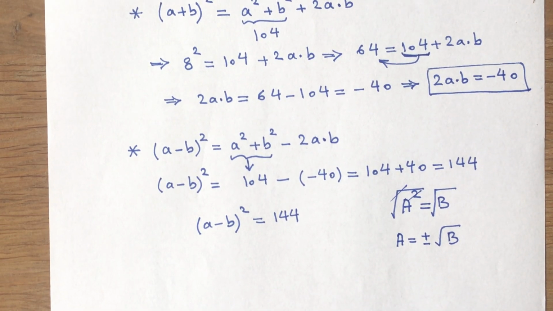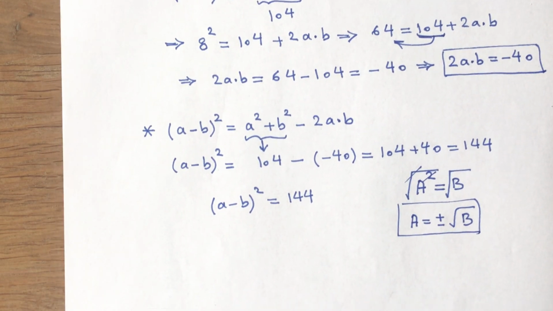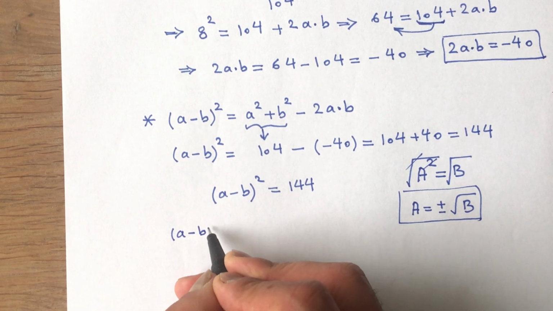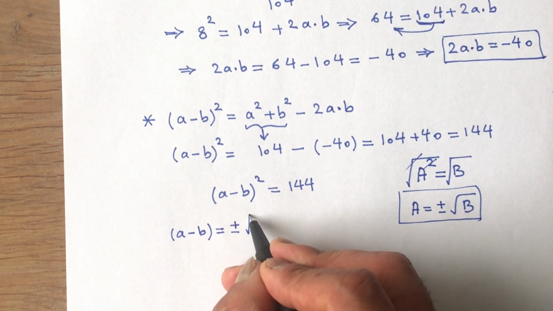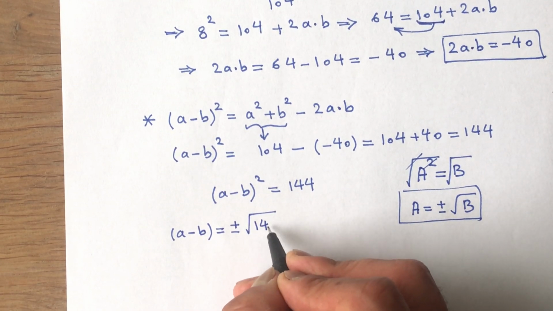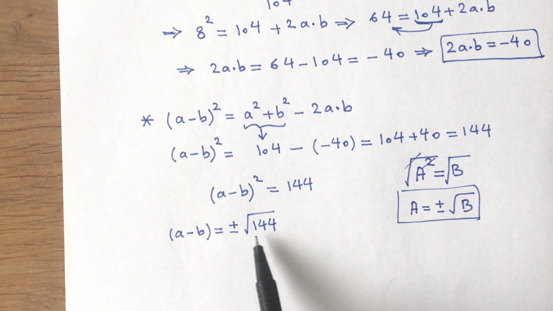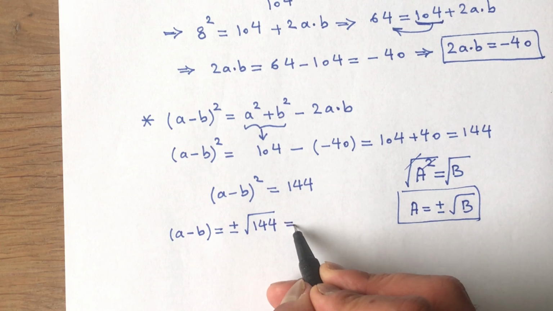Then now we can use this formula here. Then a minus b is equal to plus or minus the square root of 144, and the radical of 144 is 12.